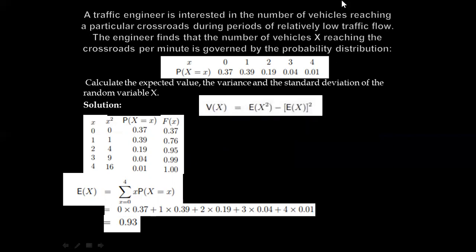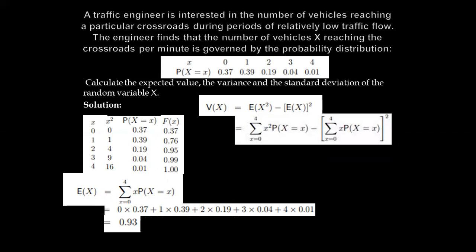Solving now for the variance, V of x or sigma squared, we have this established equation: the difference between E of x squared minus E of x quantity squared.